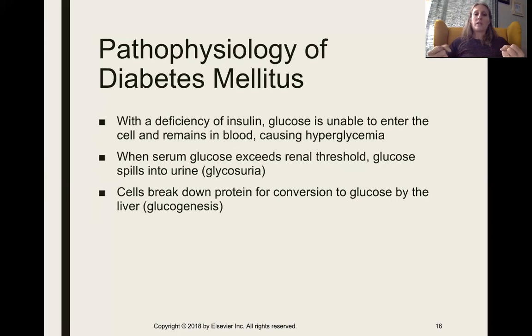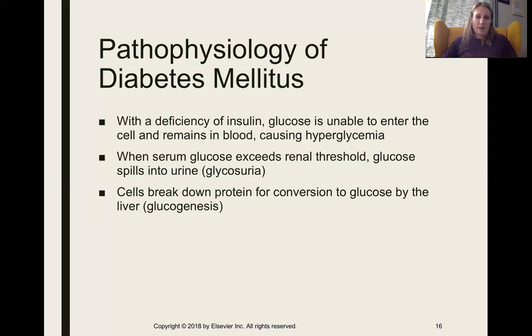And what's happening when we aren't getting enough of those things into the cell is that the body essentially goes into a state of starvation, which is when we have gluconeogenesis, so the breakdown of protein for the conversion to glucose. When the glucose exceeds the renal threshold, we're going to see glucose in the urine.